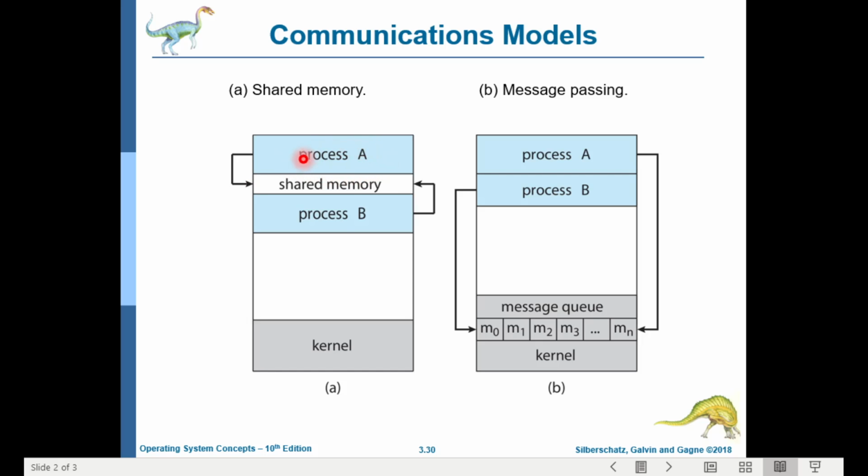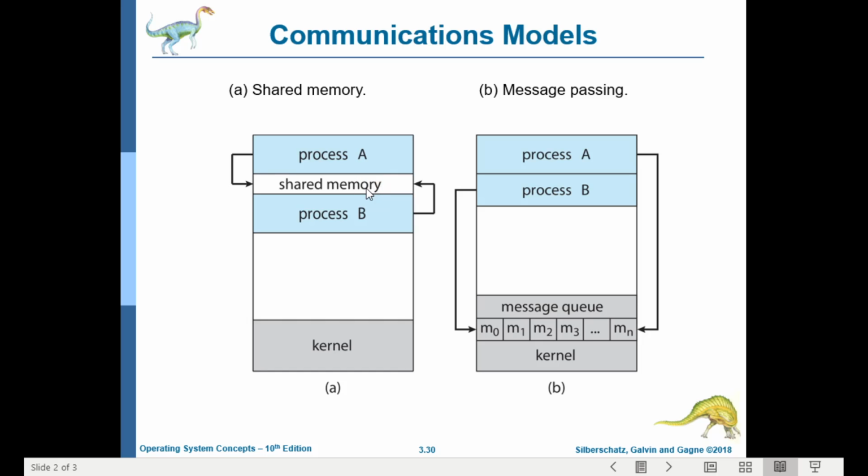For example, between process A and process B, shared memory will be established. Processes can then exchange information by reading and writing data in the shared region.